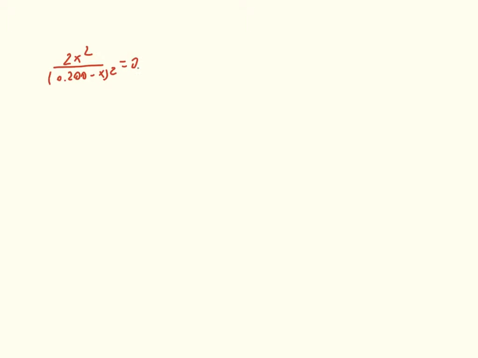Equals 0.10. And now chemistry is over. We need to solve this for x. And there are two ways to do this. We can solve the quadratic equation, or we can get rid of the square. Let us simplify it. Let us take the square root from both sides, and it's going to be step by step.